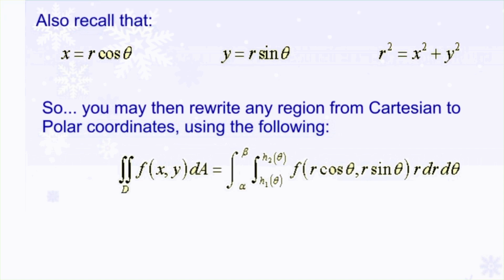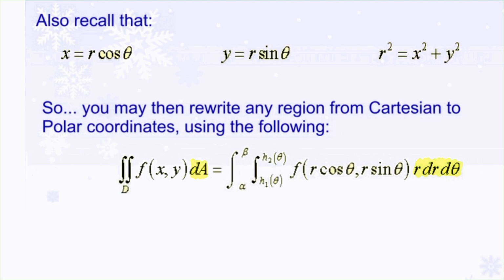So in order to do a change of coordinates from Cartesian to polar, you have to convert your function so that it is a function in terms of r and theta. So that's the function conversion. And you also have to convert the coordinate systems. dA is now r dr d theta. So that's converting the variable of integration piece of it.